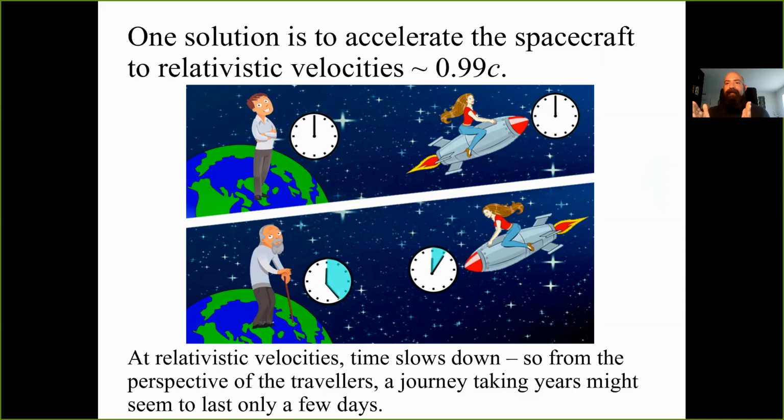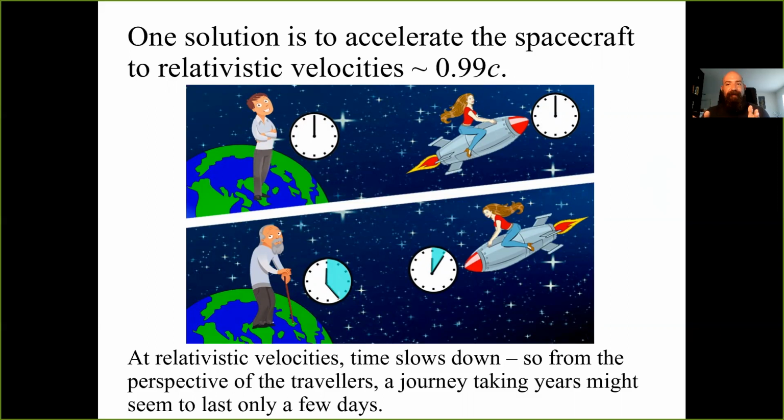And that amount of time gets shorter the closer they get to the speed of light. So if they were going fast enough, it might only take them a few days, a few hours to reach another star. Although from the point of view of everyone else, it takes them several years, however many light years there are between them and the destination.